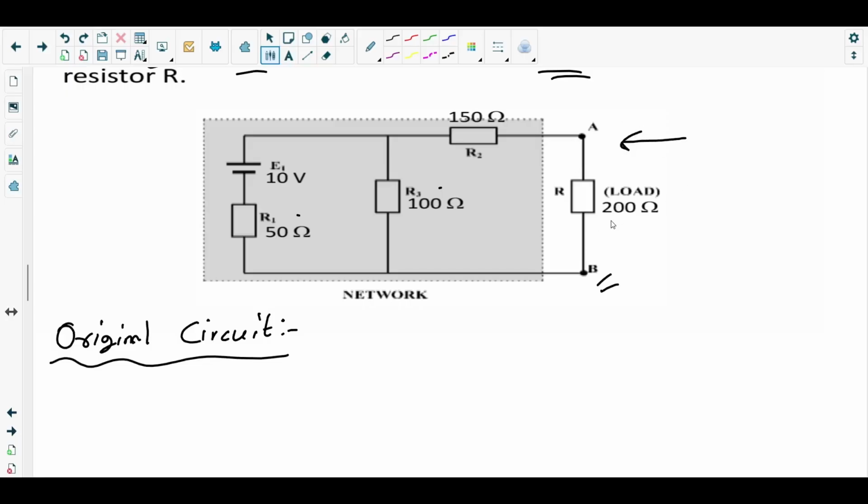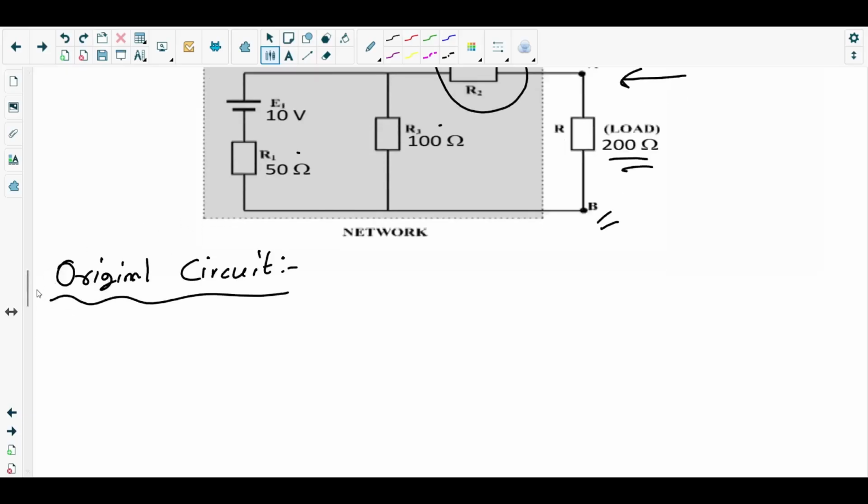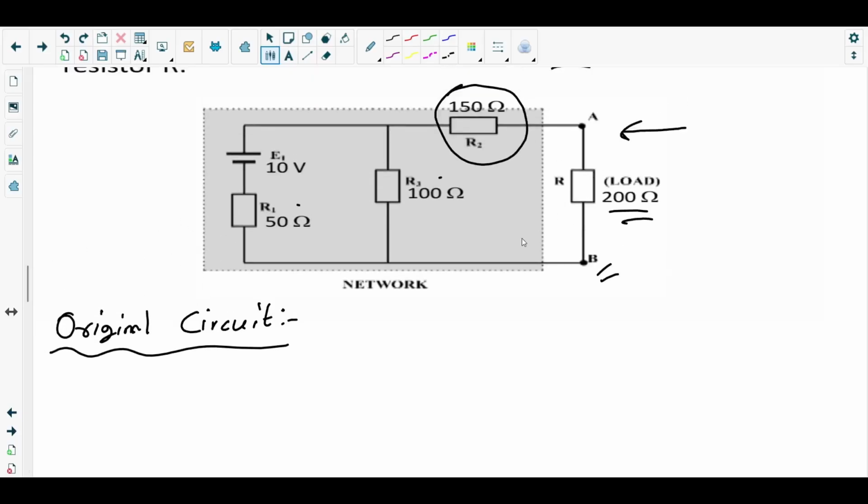Resistor R is basically in series with the resistor R2, right? If you add in a series circuit, we know that the resistance gets added up. So R plus R2, because they are in series. So this is 350 ohms.